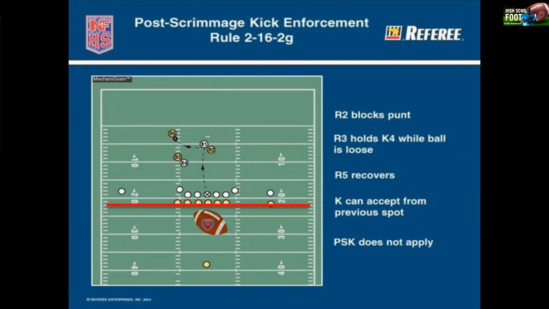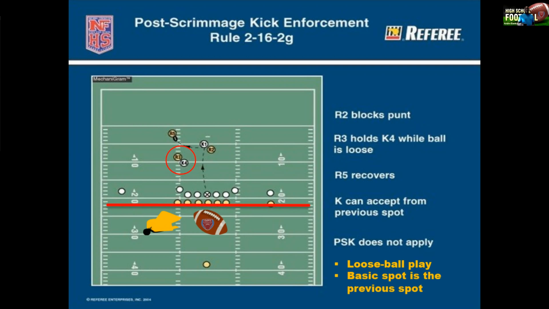The ball stayed on the other side. There was a foul, but the foul wasn't beyond. Remember, to be a PSK, the ball needs to cross, and the foul by R needs to be on the other side of the expanded neutral zone. But we see that the foul was behind the line of scrimmage. All right, so it's a loose ball play.